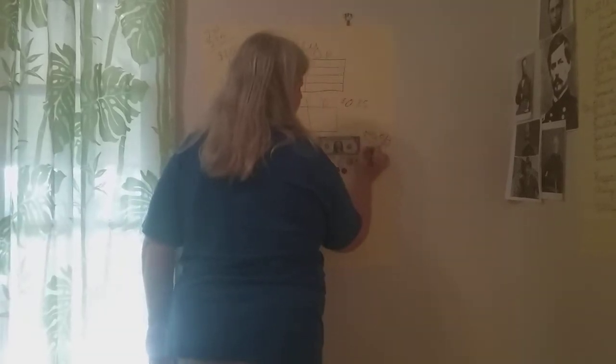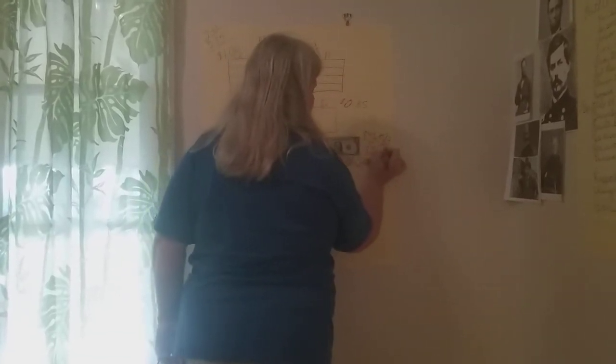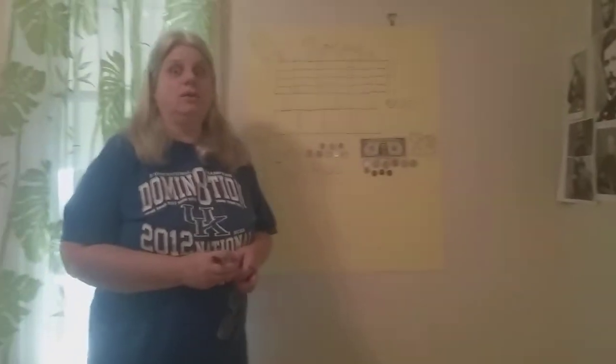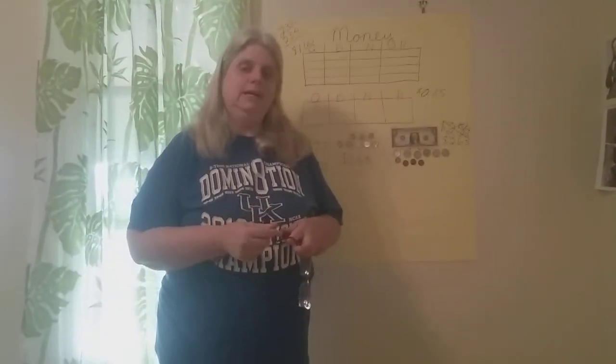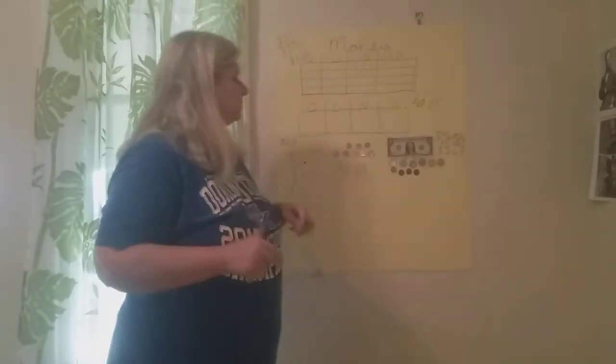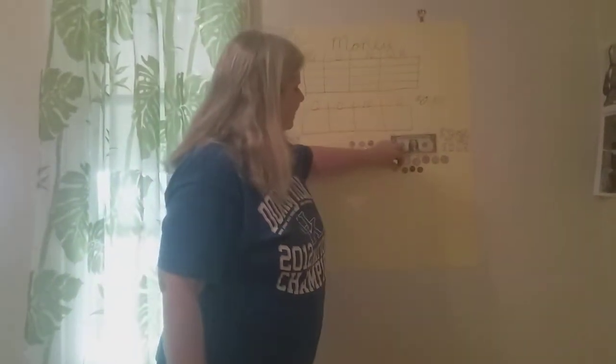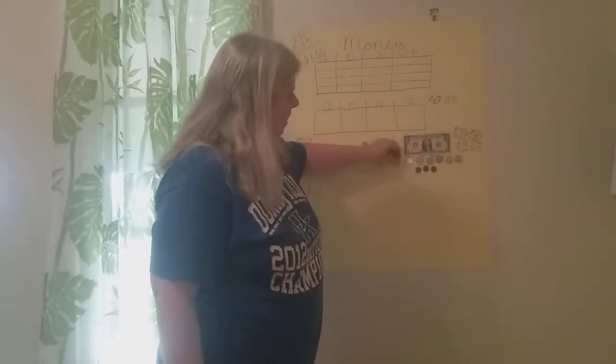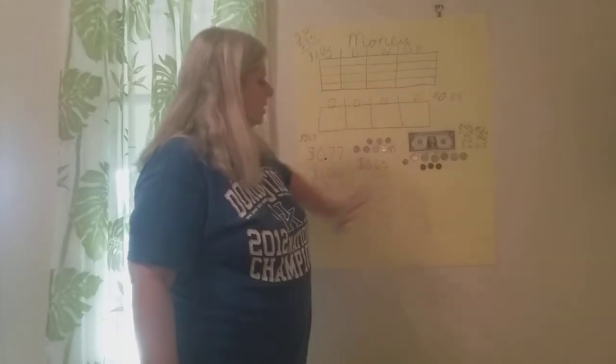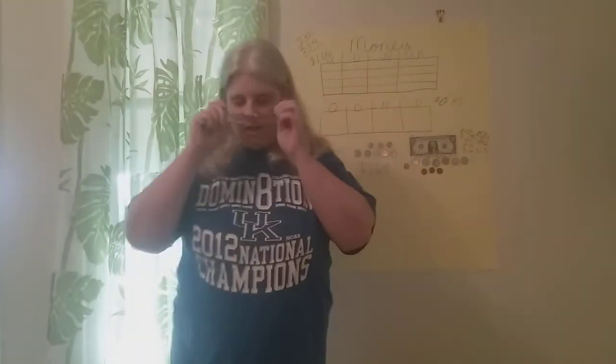Okay, sorry about that, guys. $2.63. I made a mistake. I know you're shocked. I'm so sorry. You know I don't like it when I make mistakes. So I didn't read my dime correctly. Should have put them out over there a little bit more. Okay. All right. Sorry about that.